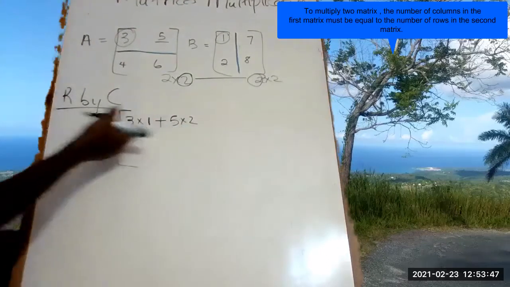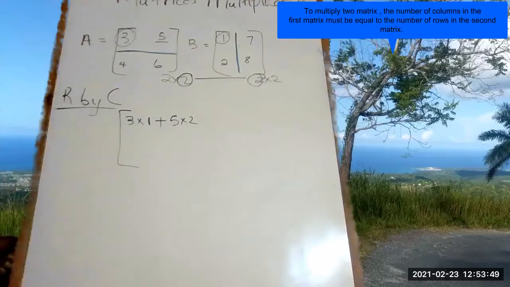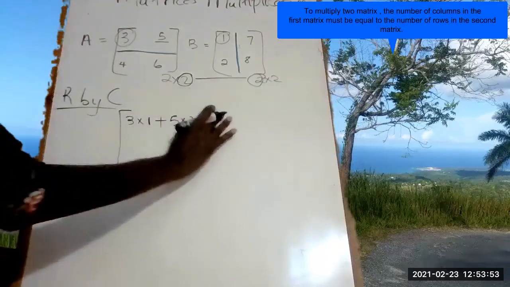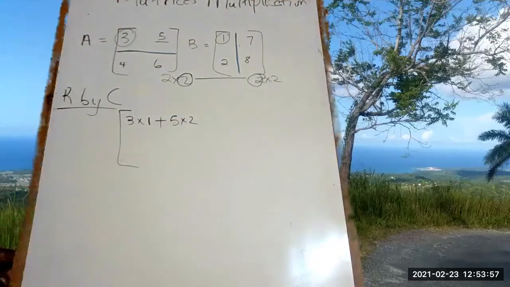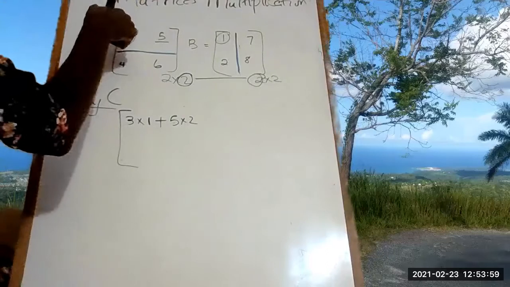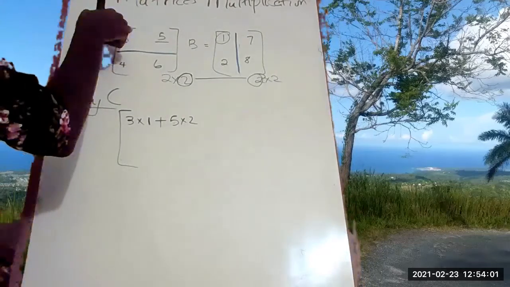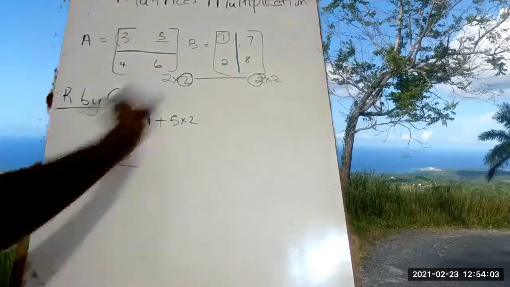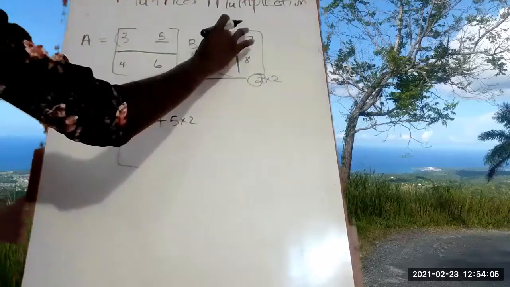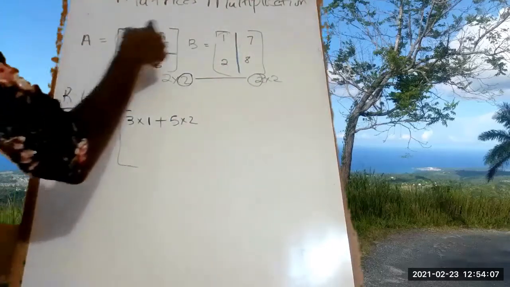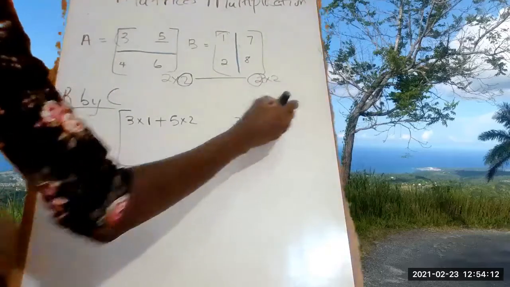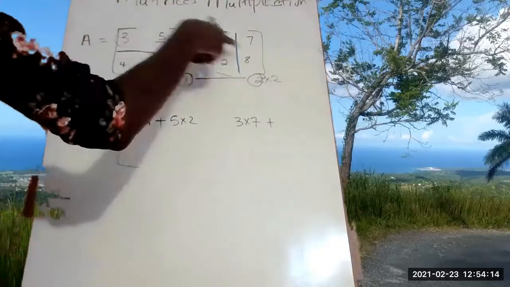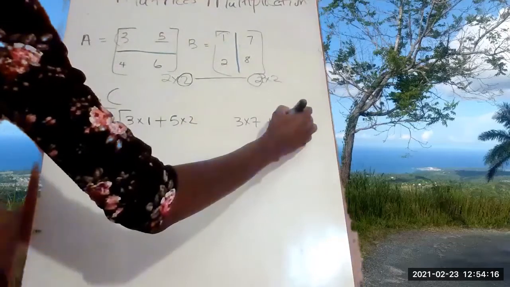And this gives us the first element when we simplify it. Then we're going to go over to the next side. We're still in the first row. We're building the first row. You're going to use the same first row again, but this time you're going to multiply it by the second column. So it's going to be 3 multiplied by 7 plus 5 multiplied by 8.